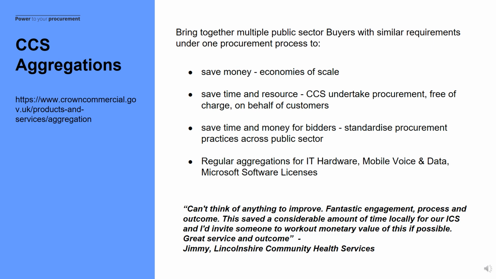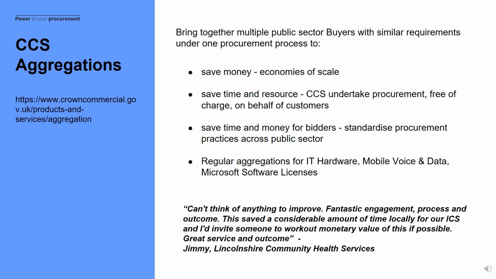So first, just a quick bit of background about Crown Commercial Service aggregations in general. Our aggregations essentially seek to save public sector time and money. So we bring together multiple public sector buyers with similar requirements. That can be public sector buyers from any part of the public sector.